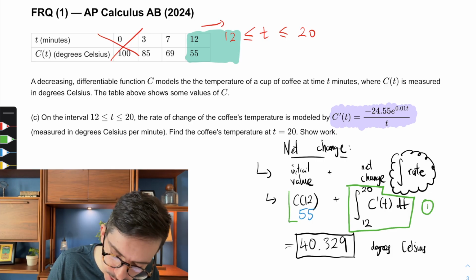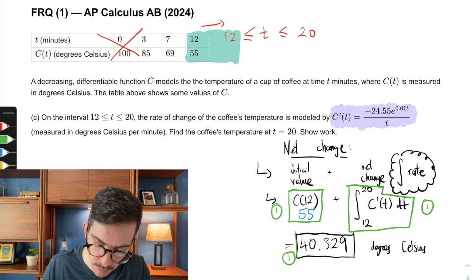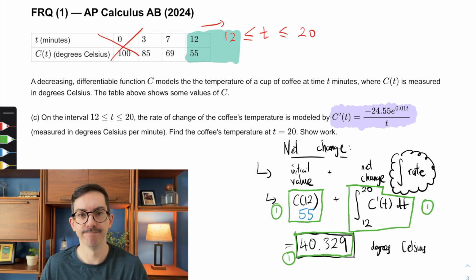I got 1 point for remembering to use that initial condition. The integral just gives me the net change. I need to know what the temperature was at t equals 12, and I need to remember to incorporate that into my answer. And I get 1 point for our final answer right there. Good work.